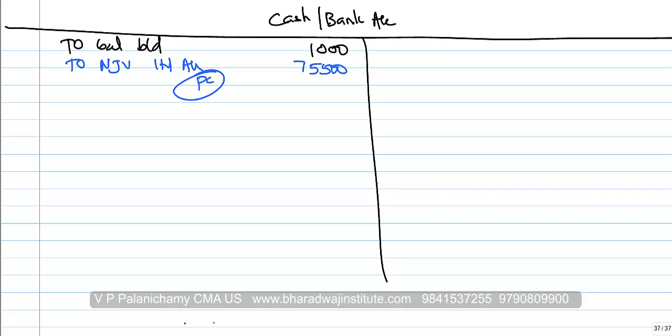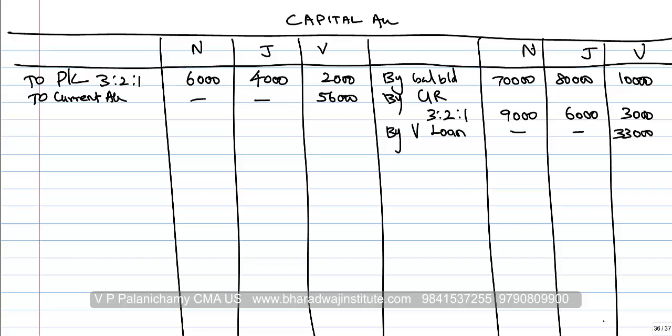What about shares? Shares are taken up by partners, look at the last line of the problem, in profit sharing ratio. Cash goes to cash account, of course. Come to capital account. To shares in NJV Limited.